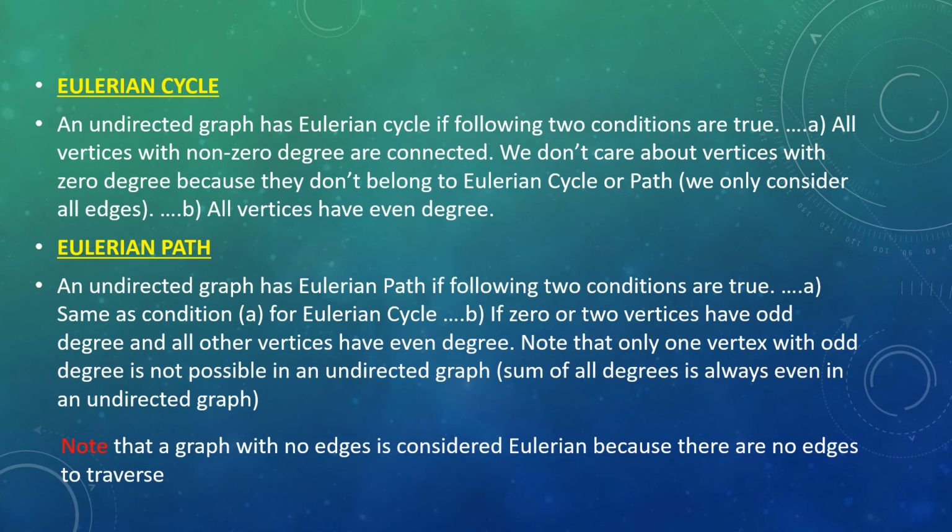Note that only one vertex with odd degree is not possible in an undirected graph. The sum of all degrees is always even in an undirected graph. Note that a path with no edges is considered Eulerian because there are no edges to traverse.